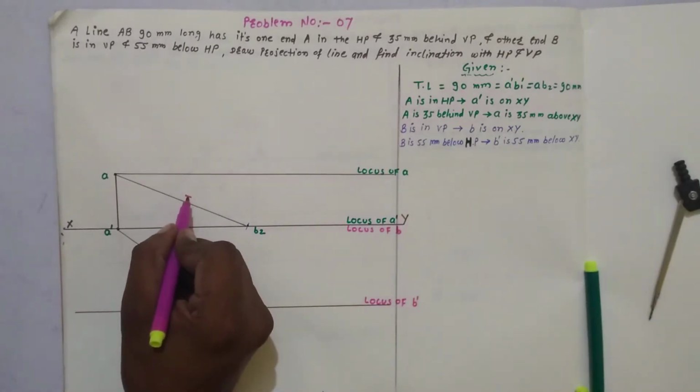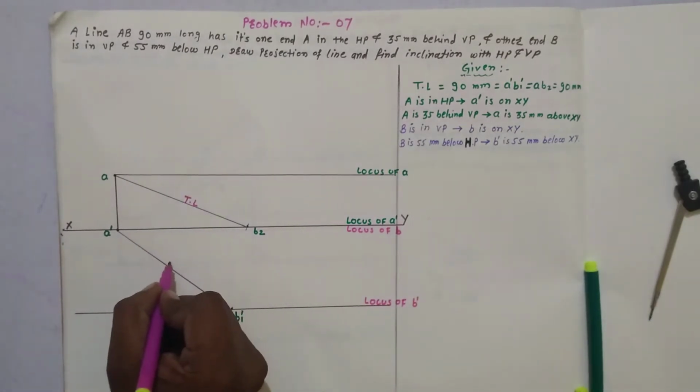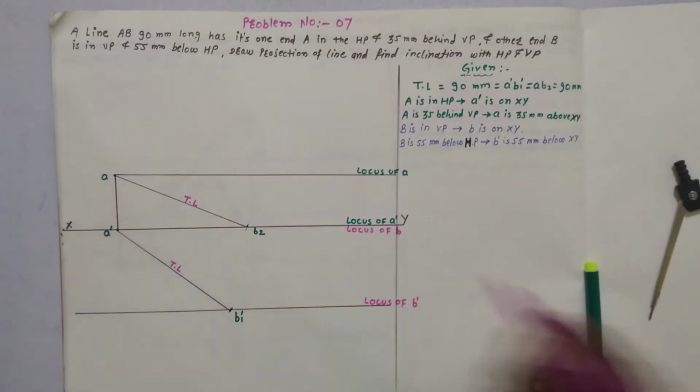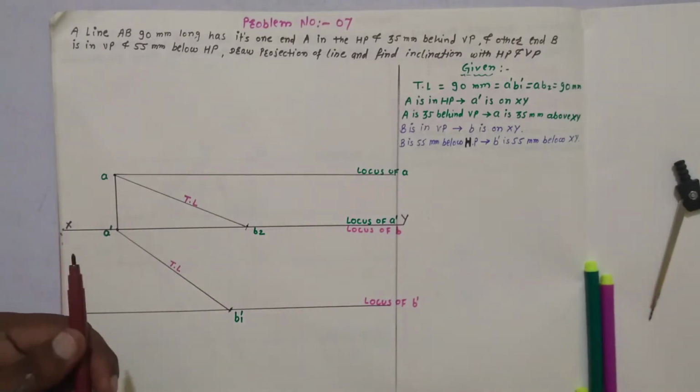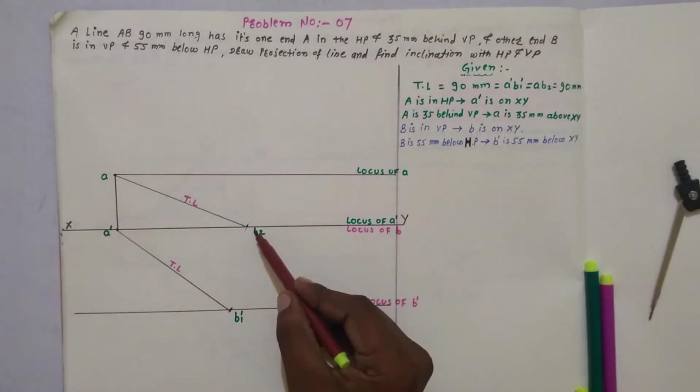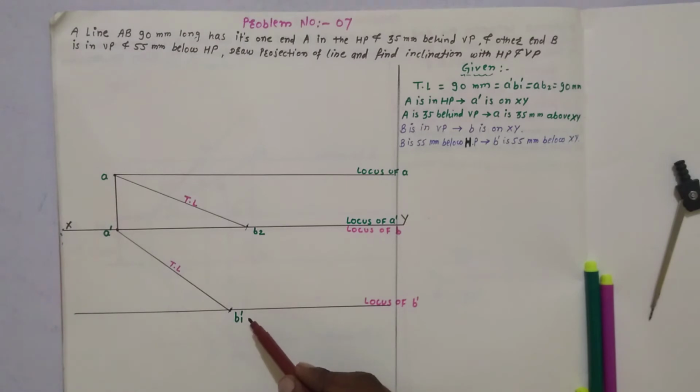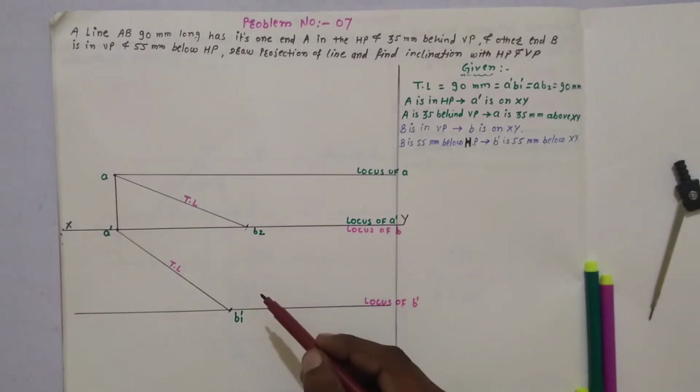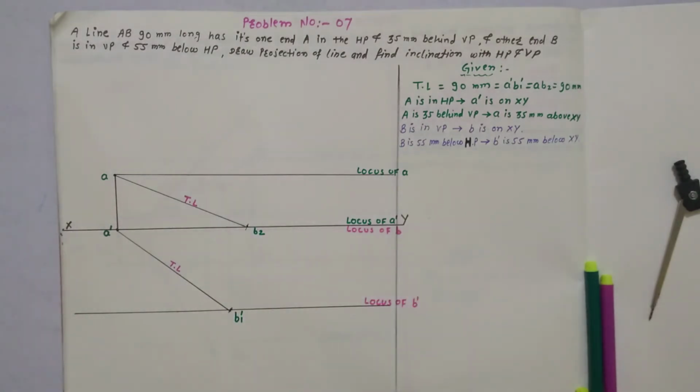This is the true length and this is the true length. With the help of points B1, B2 and B1 dash, we construct the other views.